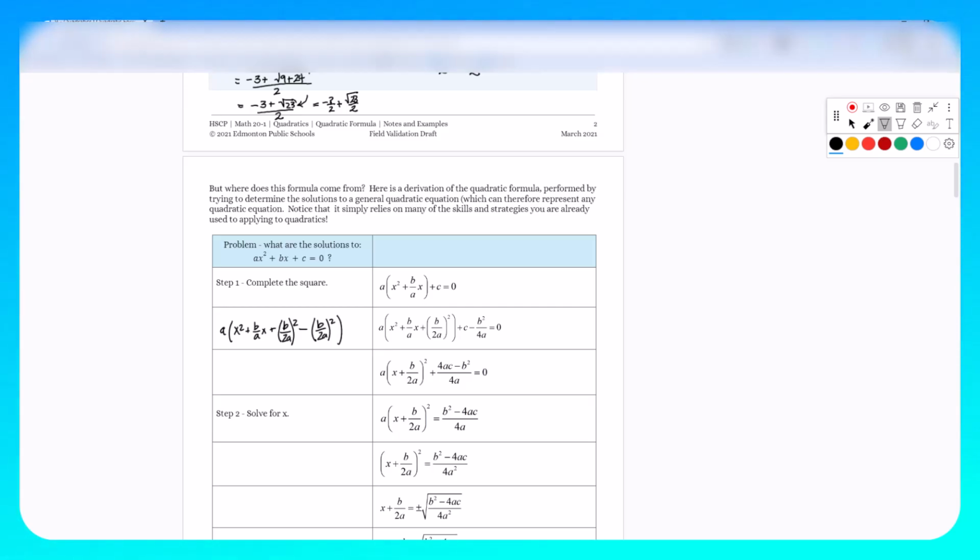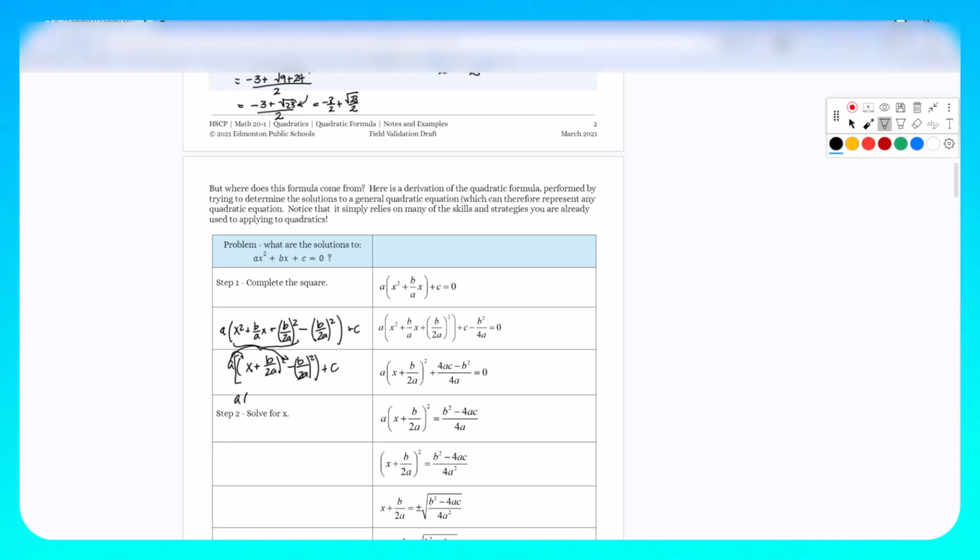Then we would have made this part the perfect square trinomial first, which is a times x plus b over 2a all squared, and then we'd have this thing sticking off to the side. I realize we have this plus c on the outside, just so you know, I didn't forget about it. Now we distribute that through.